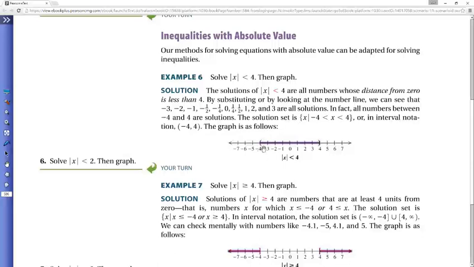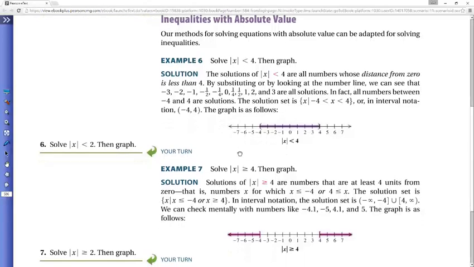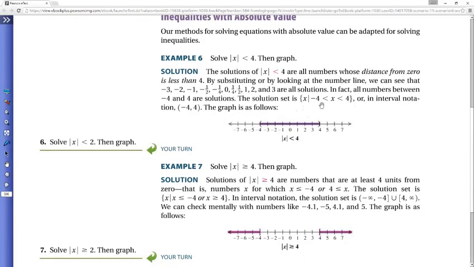In this case I said x is greater than negative 4, and if I went this way, x is less than 4. It is the intersection of those that makes this true. Okay, so we end up with an abbreviated method here. Here's the graphing, here's the interval notation.